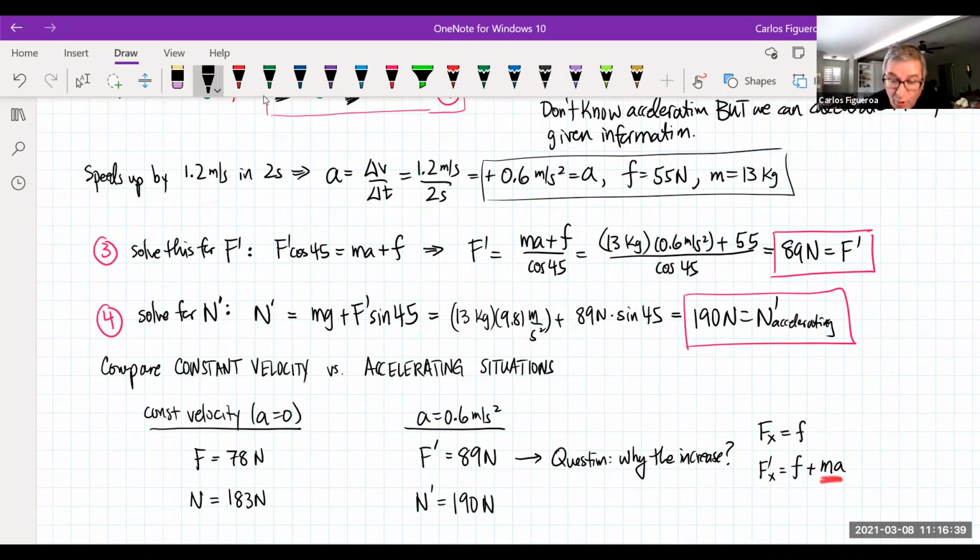And of course, why did it increase? It increased because the force F prime, the pushing force, increased. And that tells us exactly what we would expect here.